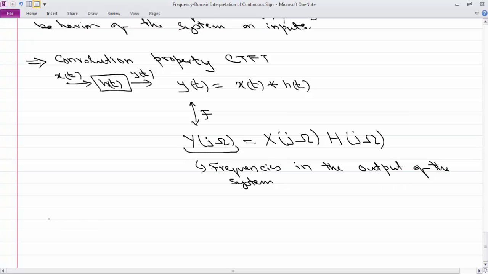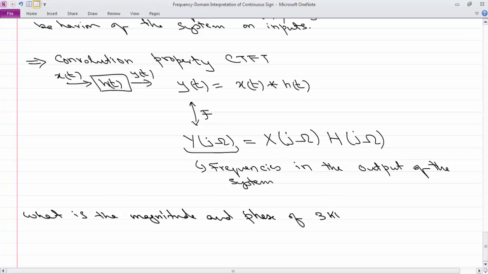So if I say, for example, I want to find out what is the magnitude and phase of the 3 kilohertz frequency in the output.